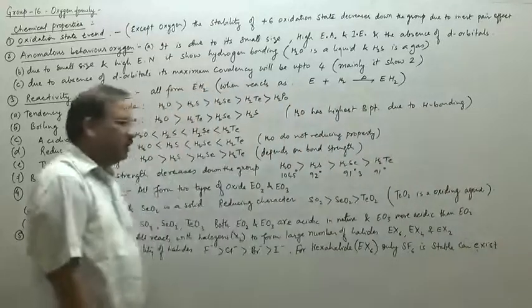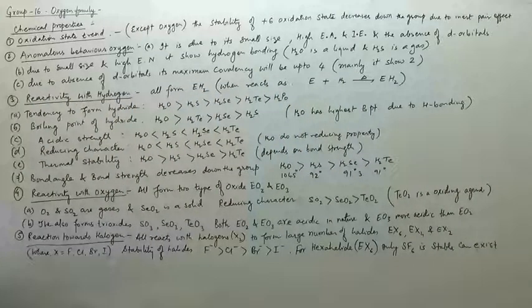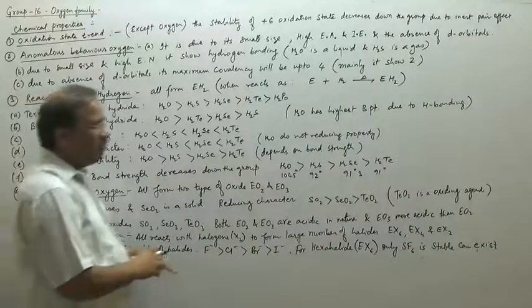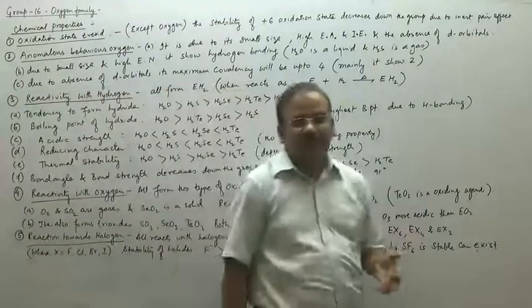All EX6 are gaseous and have an octahedral structure. We can say that all can be formed, but the others are unstable.